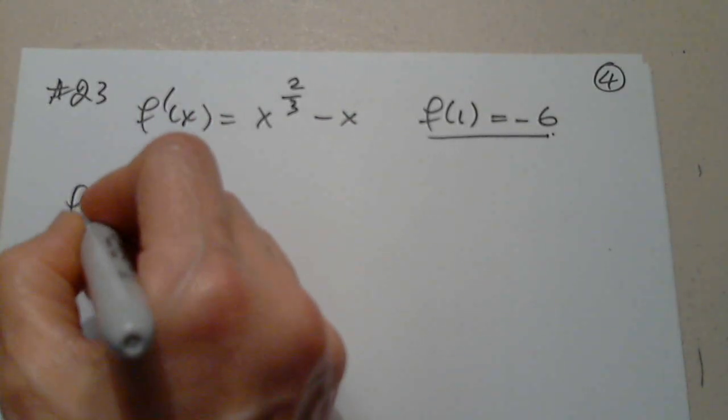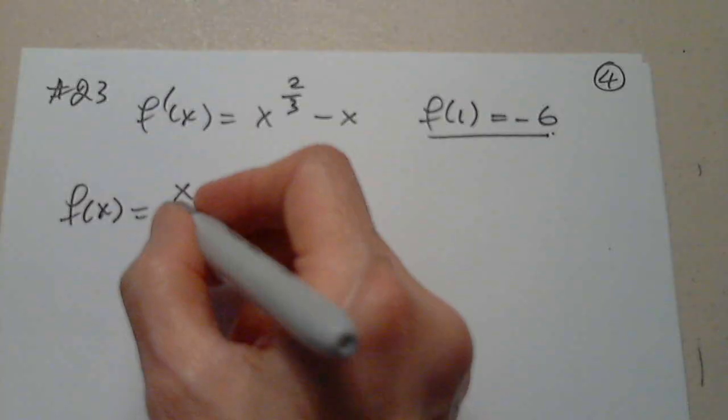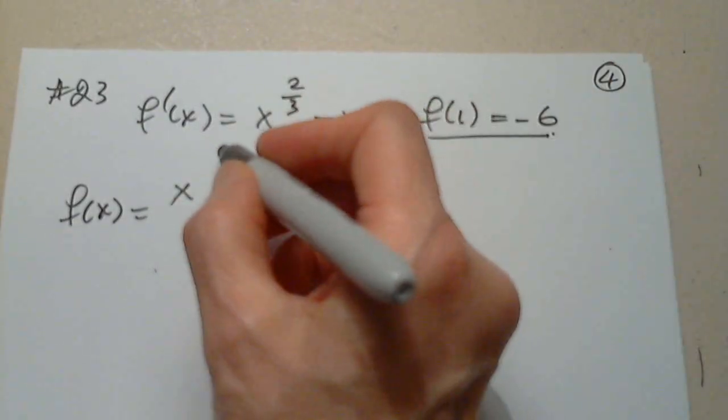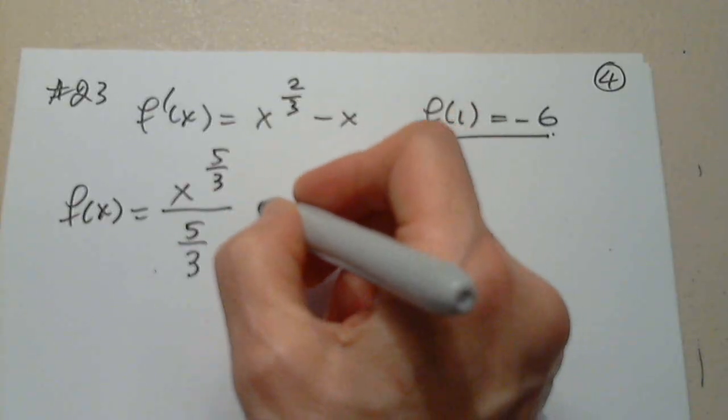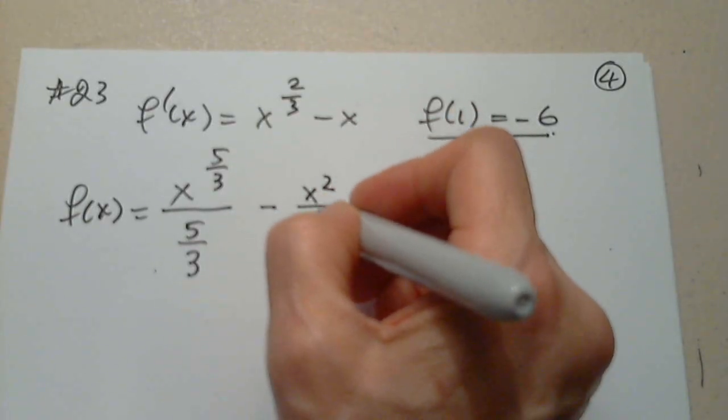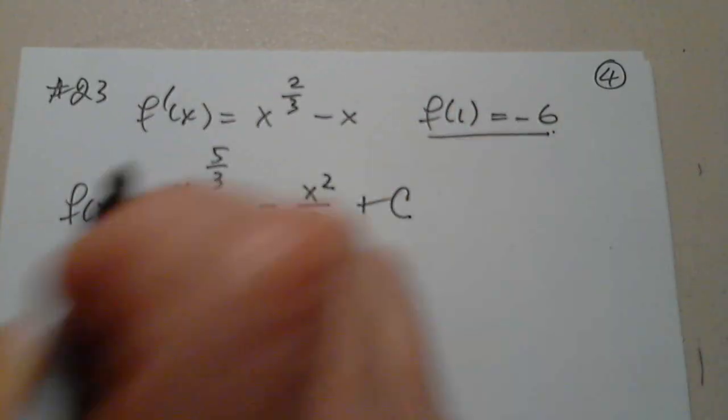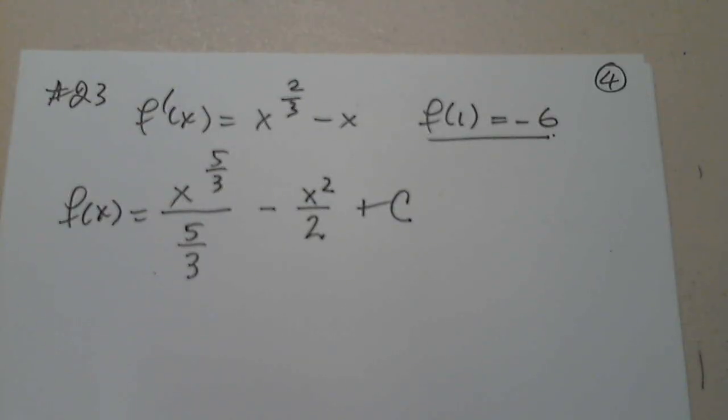So then f of x is x to 2/3 plus 1, which is 5/3, over 5/3, minus x squared over 2 plus a constant c. Let's see if we have any questions on this. So we increase the power by 1, and we divide by the resulting number.